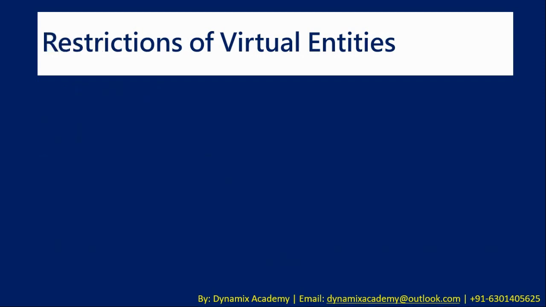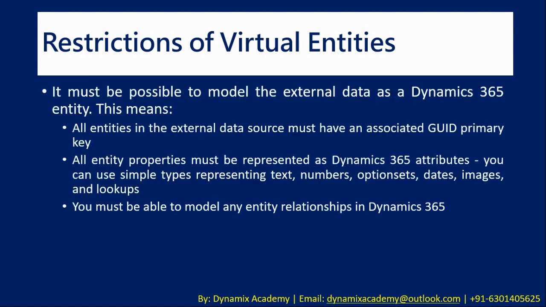At the same time, let us now see the restrictions while working with virtual entities. Since we know that with virtual entities, you are able to retrieve data from an external system, it is possible to model the external data as a Dynamics 365 entity, which means all entities in the external data source must have an associated GUID as a primary key.